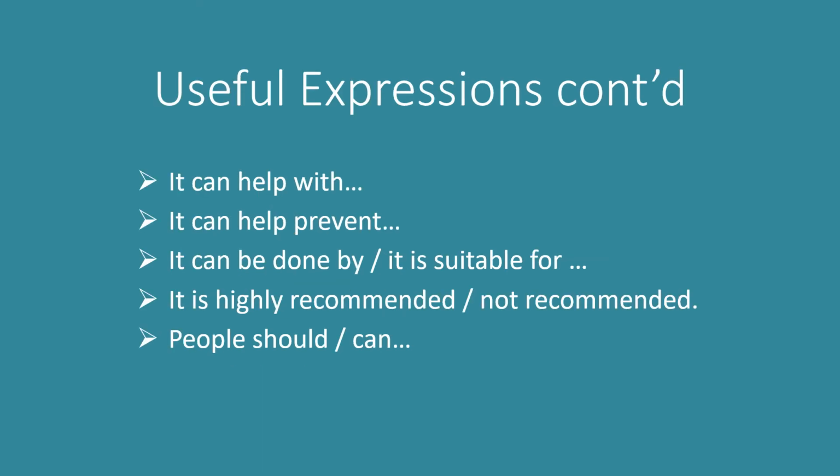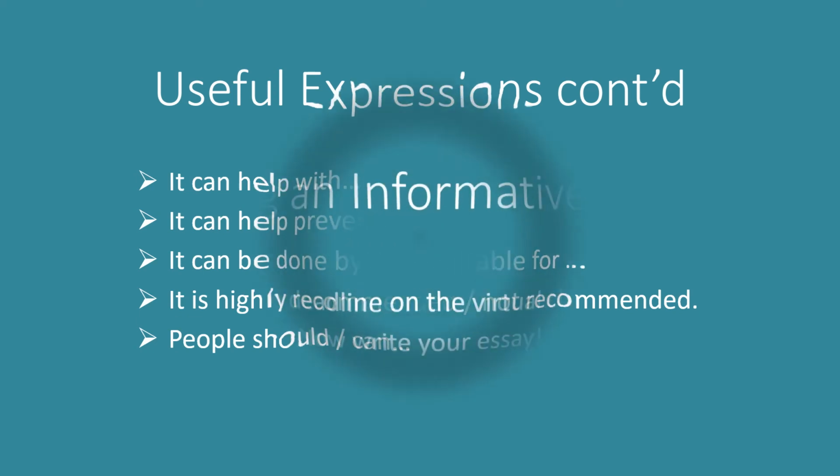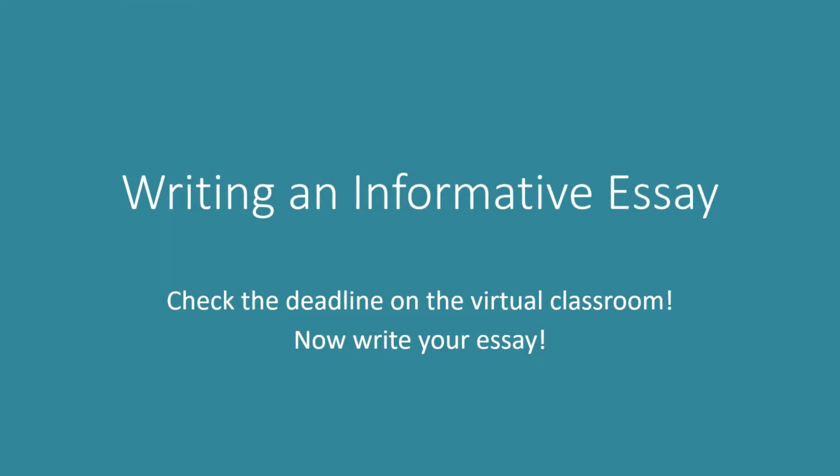It can help with, it can help prevent, and it can be done by, or it is suitable for such and such. It is highly recommended, or it is not recommended. People should, or people can, and so on.